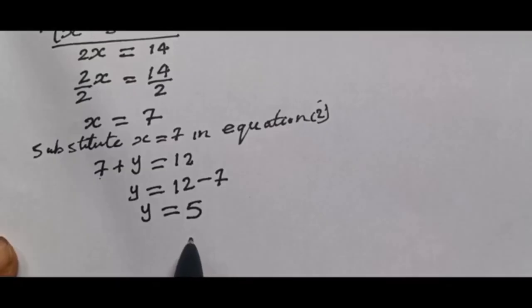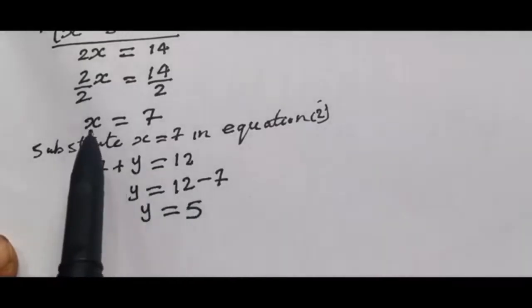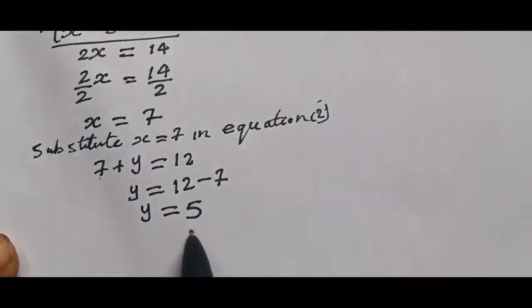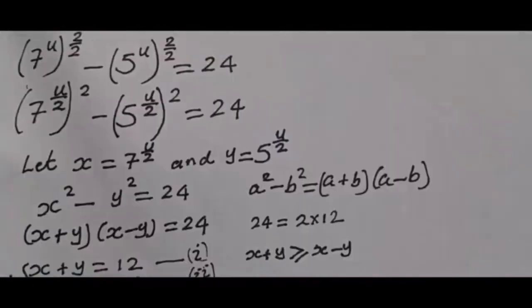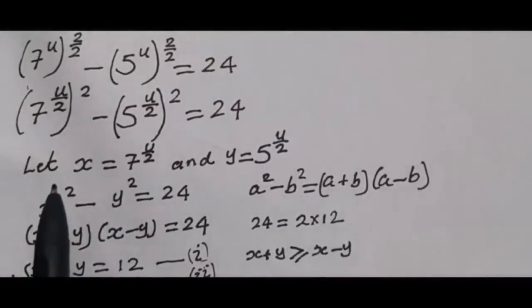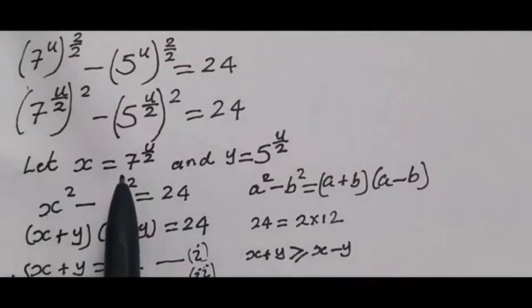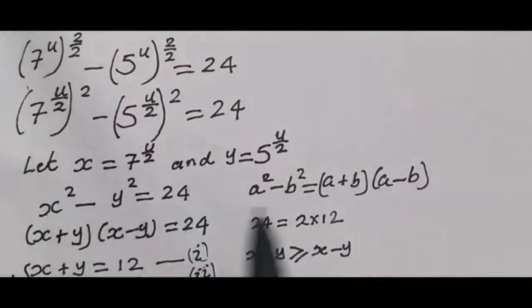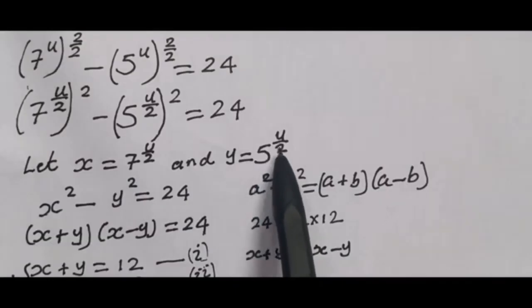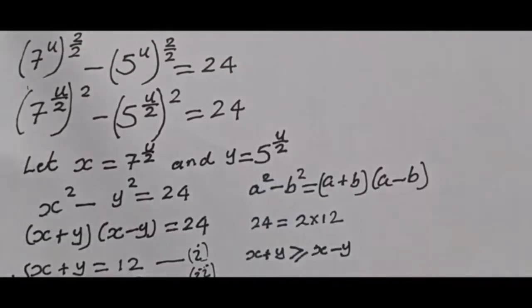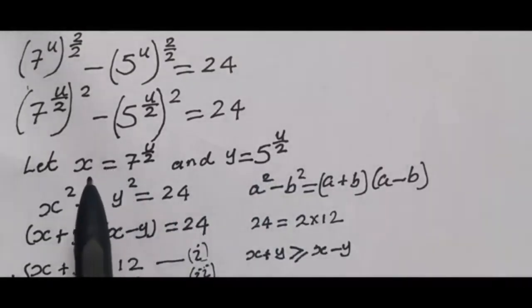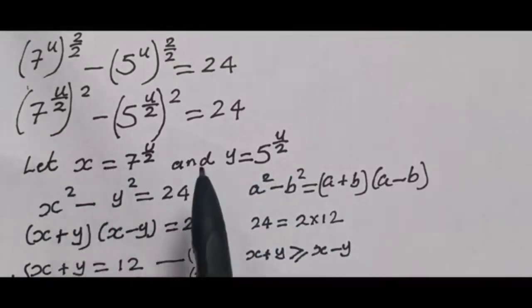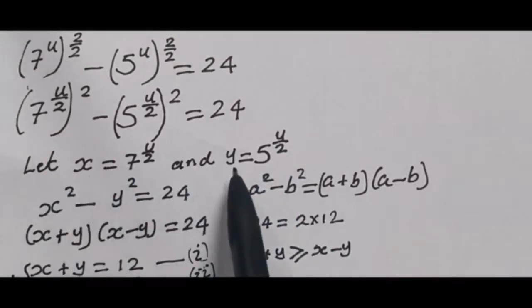But we are not asked to find the value of x and y. Recall here, we said let x equals 7 raised to power u over 2 and y equals 5 raised to u over 2. So substitute the value of x and y here and here.